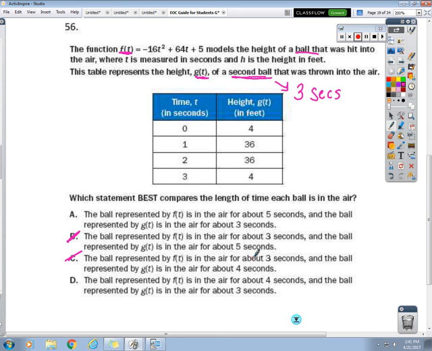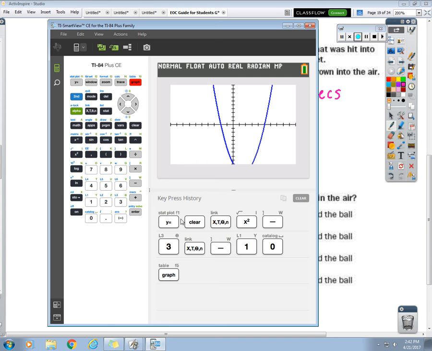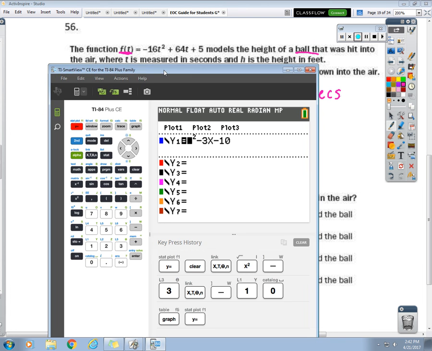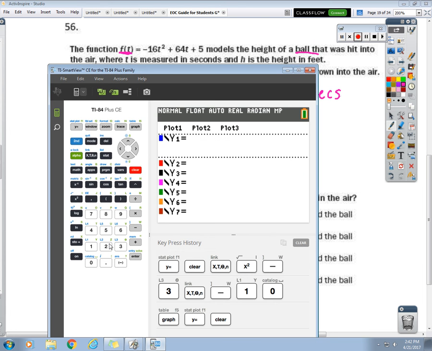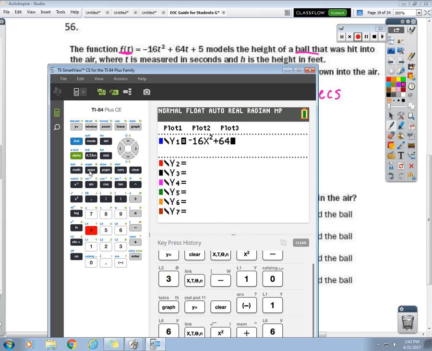Now how could we figure out how long the f of t function, the ball was in the air? Graph it. Very good. Y equals negative 16t squared plus 64t plus 5.